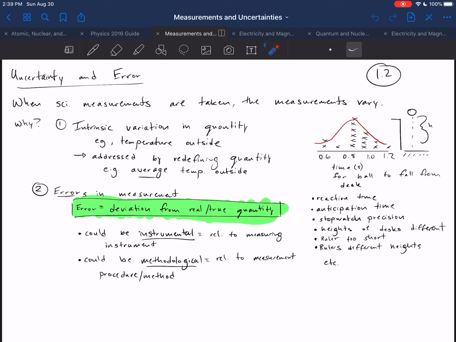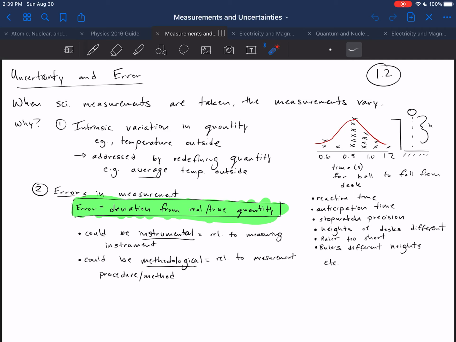One of the reasons a measurement can vary is because the actual quantity being measured is varying. So for example, if I ask you to take the temperature outside, you'll all go outside, you'll use your thermometers, you'll come back in, and if you are all in different places, not to mention using different instruments, you will get different temperatures because the temperature varies from place to place and over time.